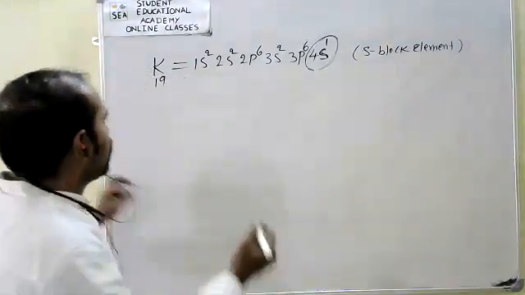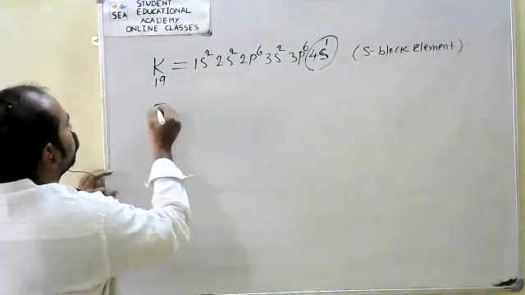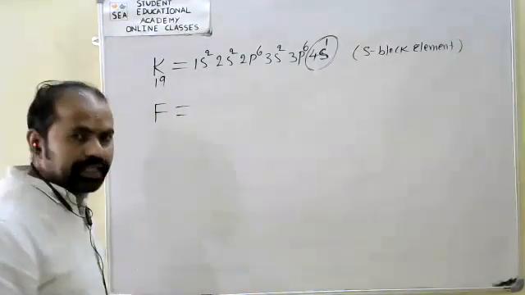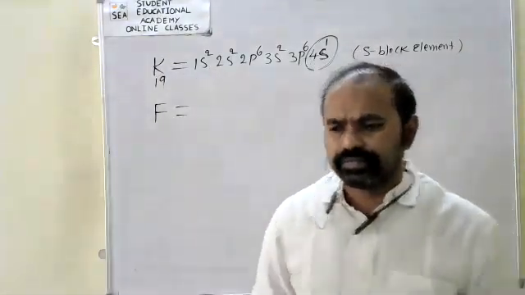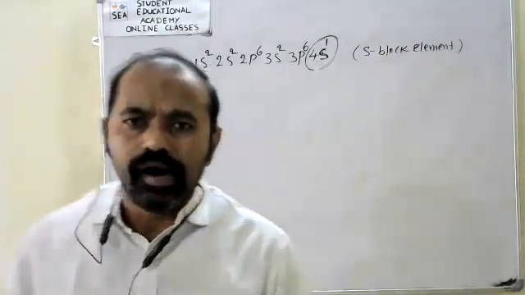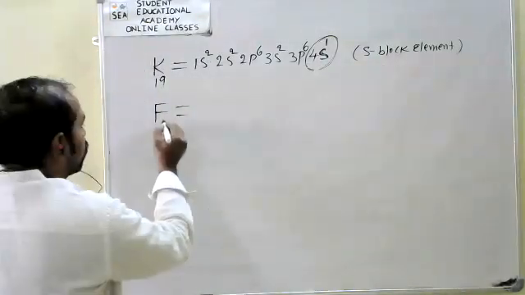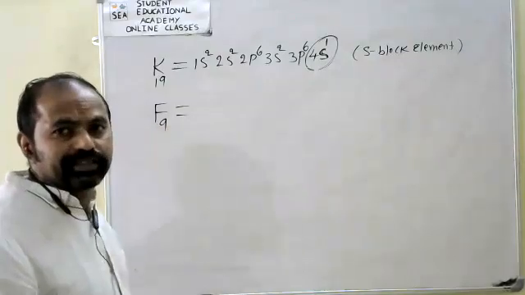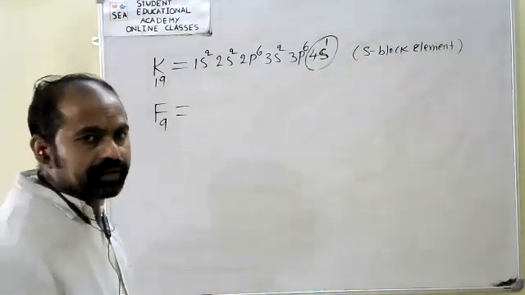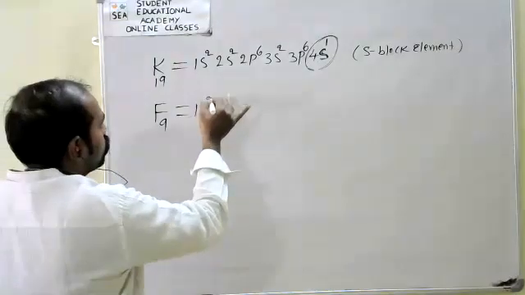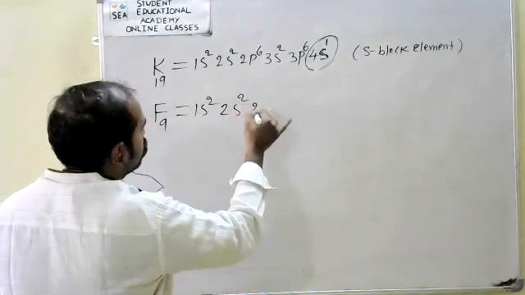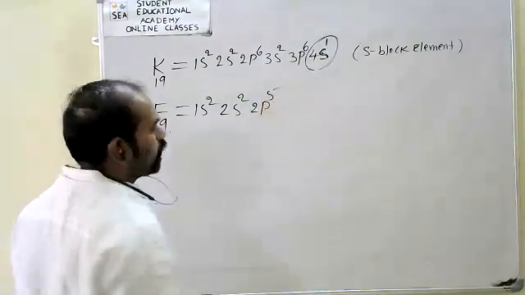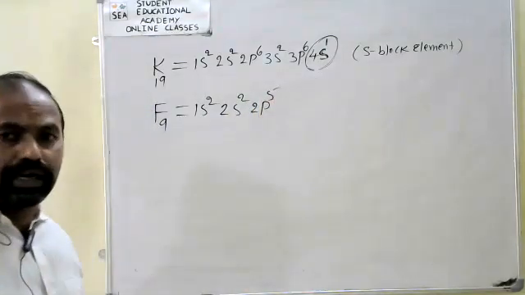Okay, one more example: fluorine. What about fluorine's atomic number? 9. What about its electronic configuration? 1s2, 2s2, 2p5. Total number of electrons is 9.